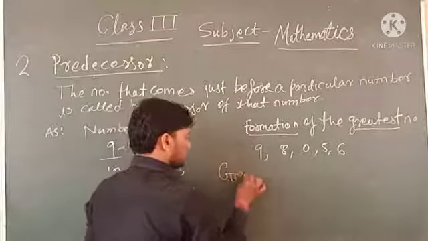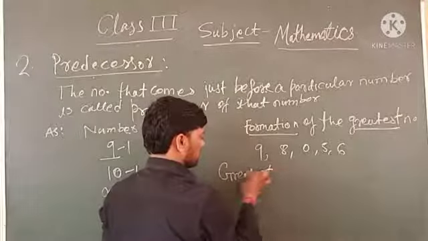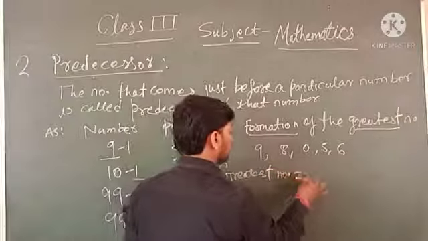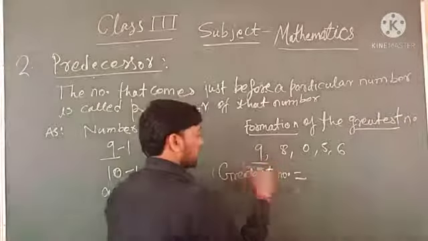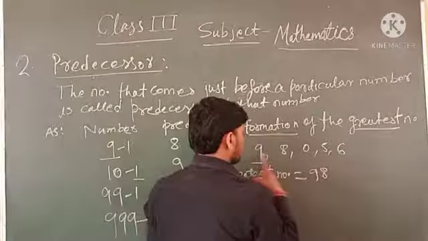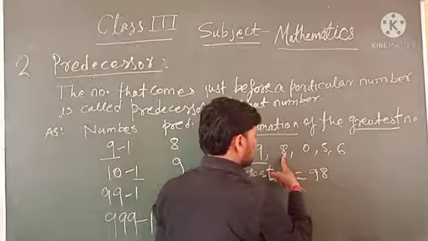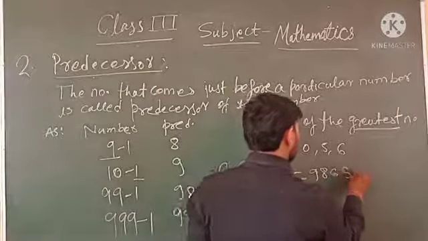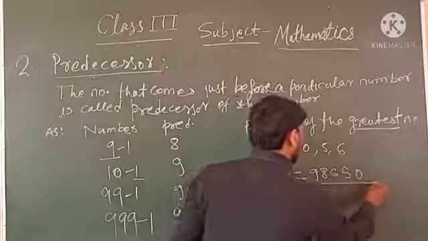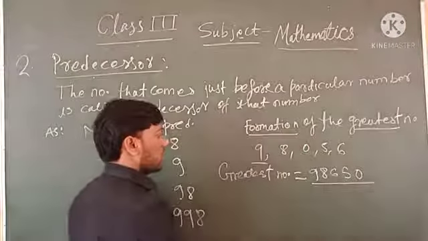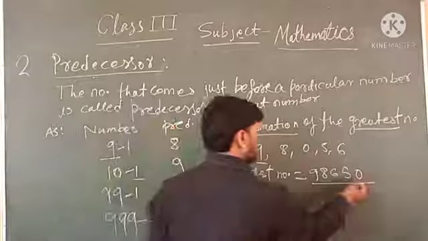Greatest number is equal to, first we take the greatest digit 9, 8, then 6, 5, 0. Means we arrange the digits in decreasing order.